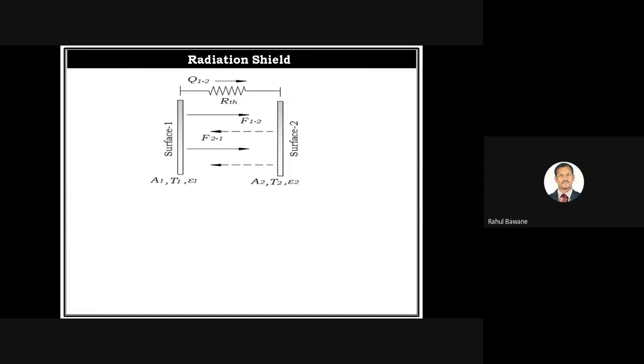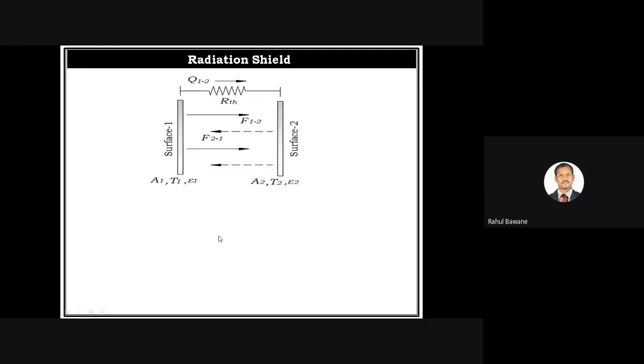So what is a radiation shield? Before we shift over to the radiation shield, I just want to revise what we learned in the previous video. We saw that if there are two surfaces at a different temperature and different emissivity, then in calculating the rate of heat transfer by radiation, we observe that there is a radiation resistance, having two kinds of resistance.